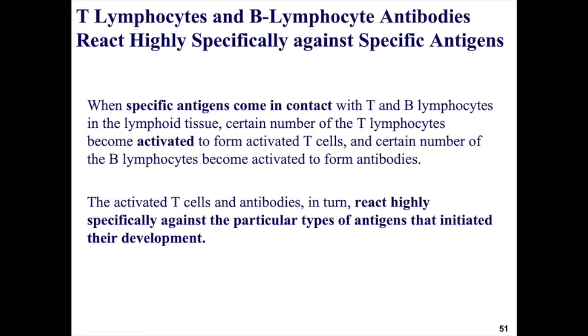When we interact with that antigen, that lymphocyte will be stimulated, and then we will have memory cells and also activated cells. So they react specifically. We don't form antibodies to become specific to an antigen. They are specific to begin with.